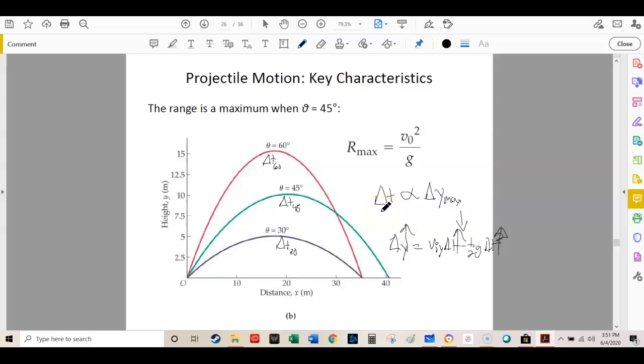Okay. So again, the higher up an object goes, even though they go the same x direction distance, this delta t is going to be a shorter time of flight than this delta t, okay? And again, we're assuming that we're launching all of these with the same initial velocity, but just at different angles.